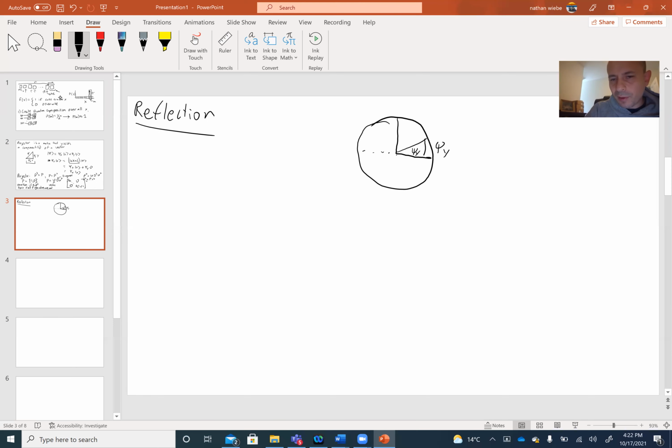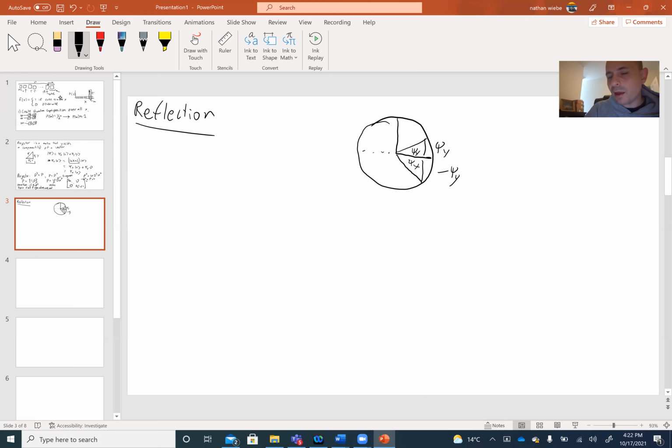If I reflected it about the x-axis, the state that I would get would be negative psi y, as in the component orthogonal to the axis that I'm reflecting about gets flipped. And of course, the x component remains exactly the same. Okay, so that is how we end up defining it.